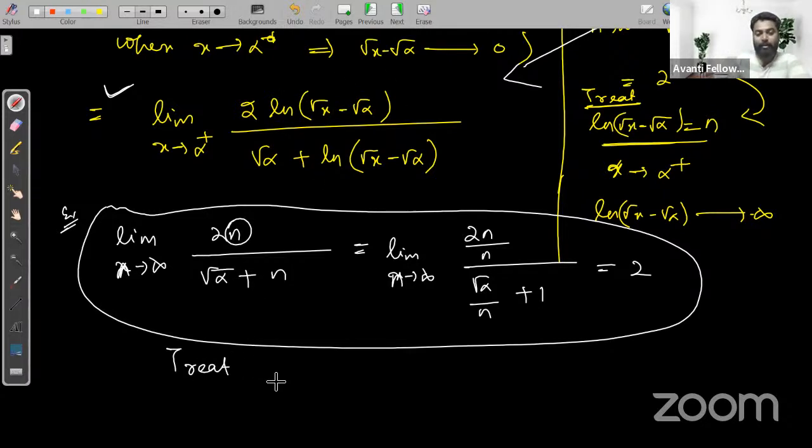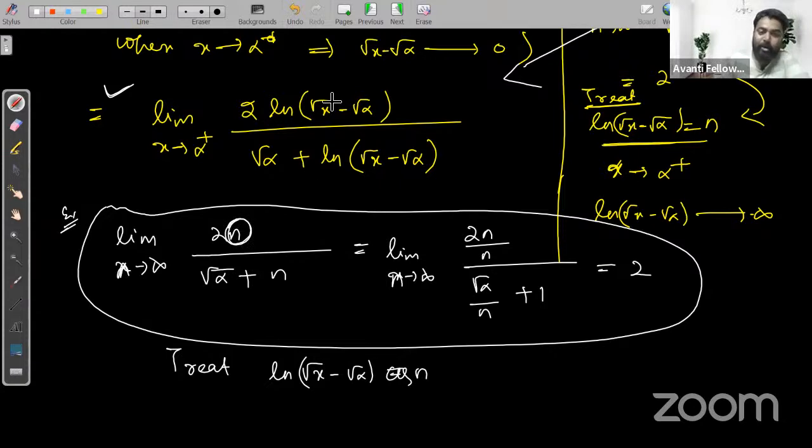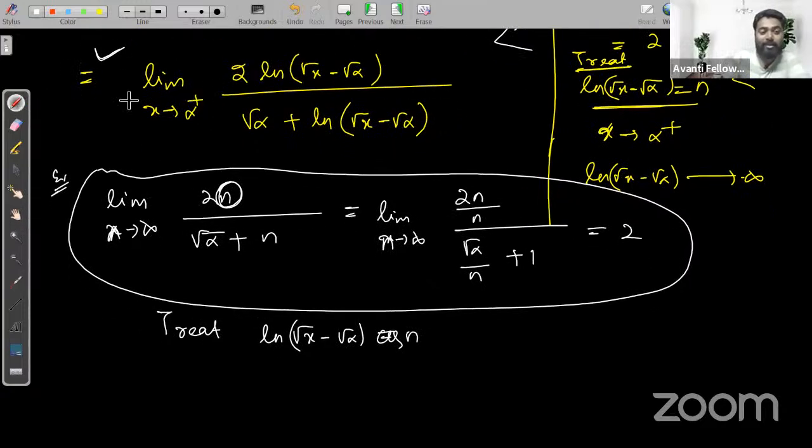Treat ln of root x minus root alpha as n. Understood? Now it is clear? Okay, sir. So if I take ln of root x minus root alpha in place of n, then what will the answer of this limit be?